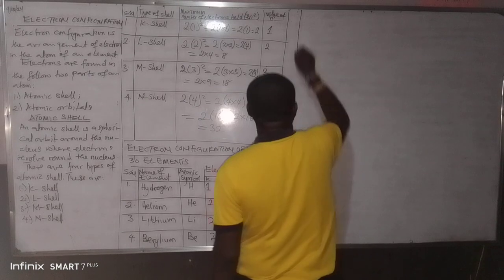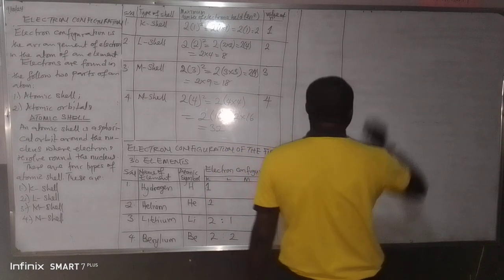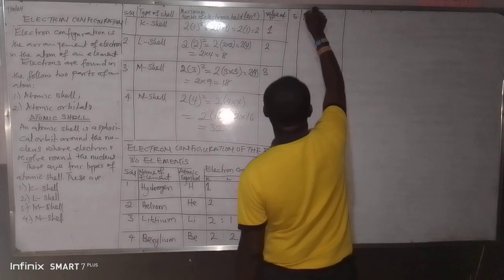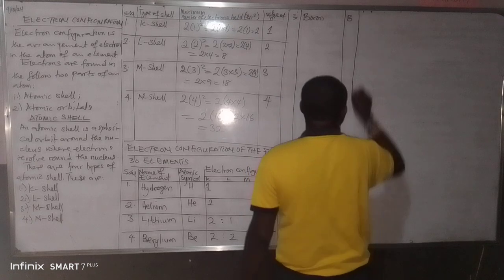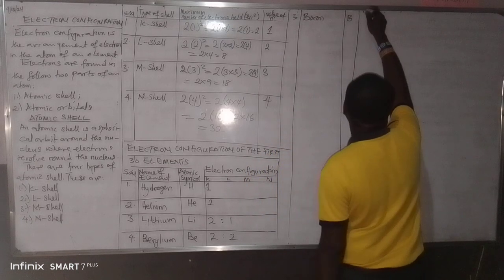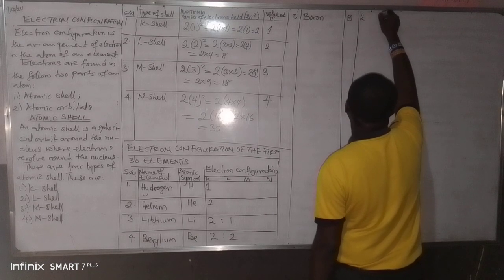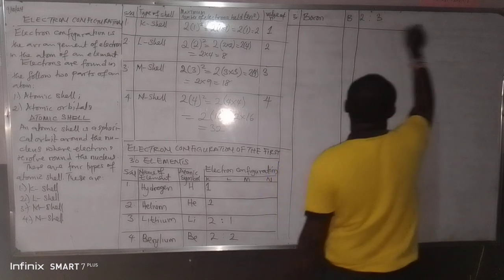So let's look at more of them. Number 5 is boron, B. Boron has 5 electrons. Out of the 5, 2 will come to K shell, then the remaining 3 will go into the L shell.